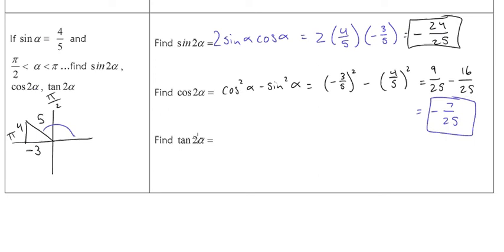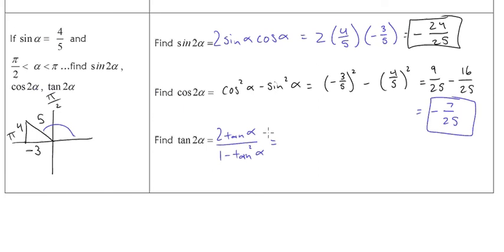Last one, find tangent of 2 alpha. We have tangent of 2 alpha equals 2 times tangent of alpha divided by 1 minus tangent squared of alpha.